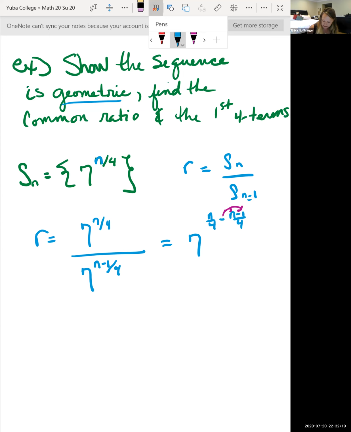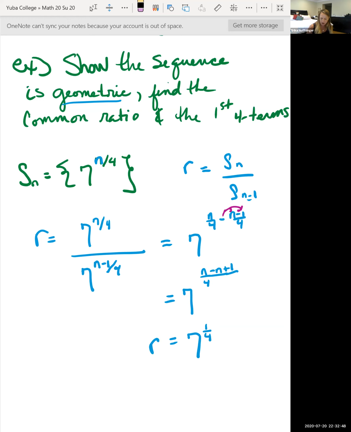And so this gives us 7 to the n over 4 minus n plus 1 over 4. The n minus n in the numerator of the exponent cancels, so we have 7 raised to the 1/4 power. There's no n left when we looked at the common ratio of a term and the term right before it, and so that shows that it's geometric.